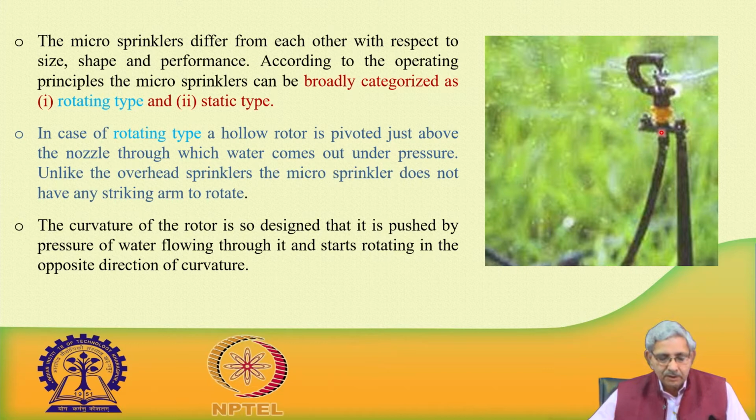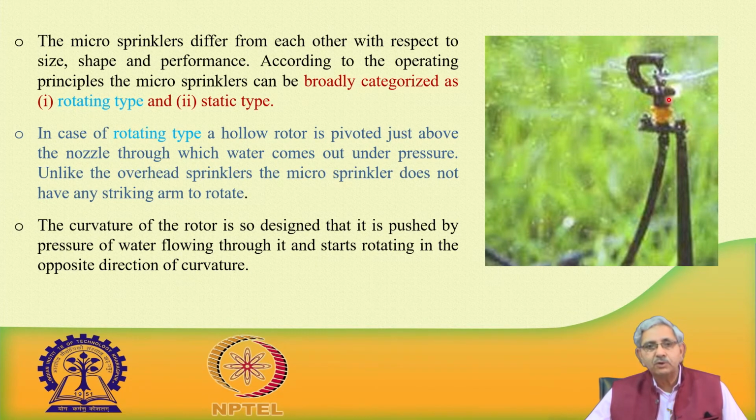The curvature of the rotor is so designed that it is pushed by the pressure of water flowing through it, and it starts rotating in the opposite direction of the curvature. So, curvature is provided in the rotor, and accordingly this guides the sprinkler to rotate.